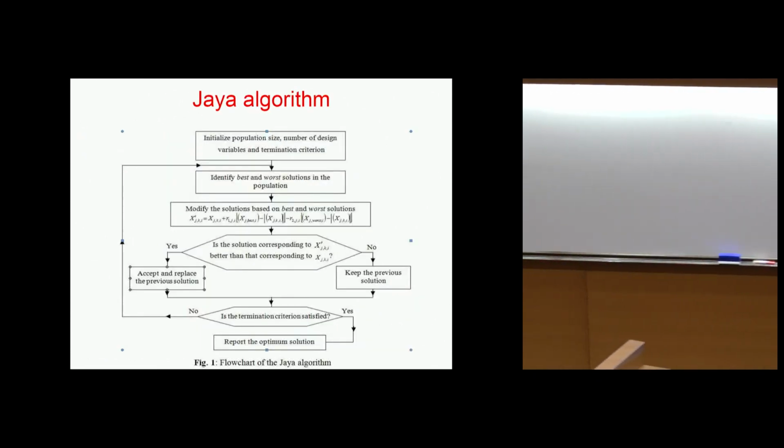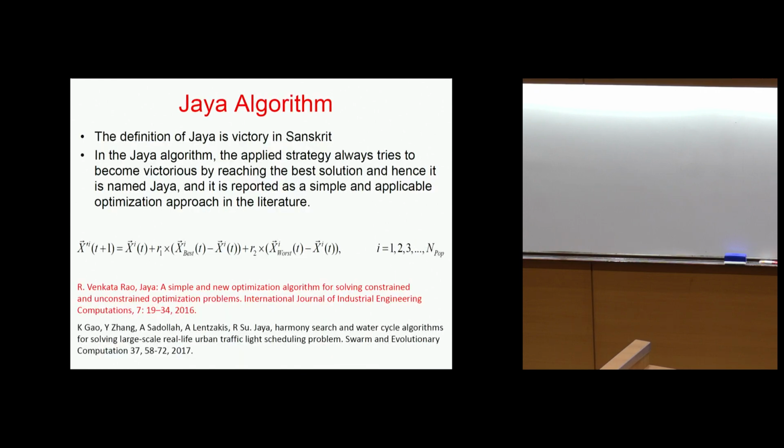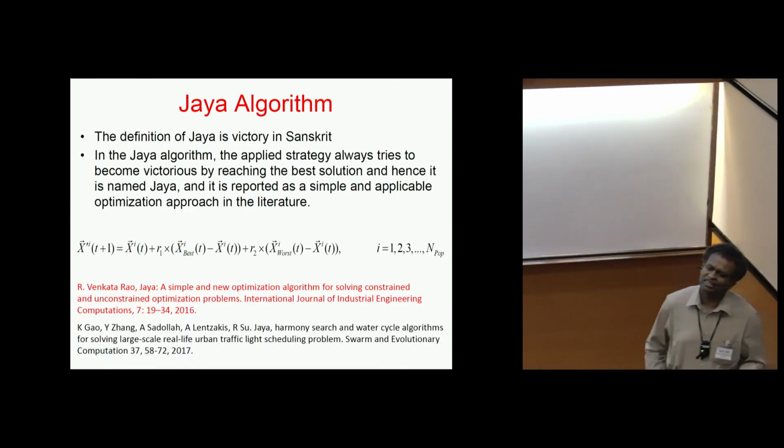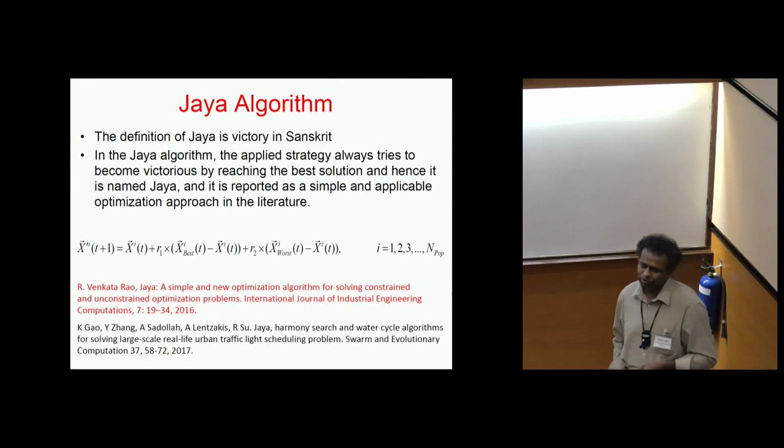This is the algorithm, so you can have a look at this. In this kind of scheduling problem, even though they talk about harmony search, water cycle algorithms and all those things in the title, the real work is done by some local search heuristics inside. That is where you have good performance eventually.